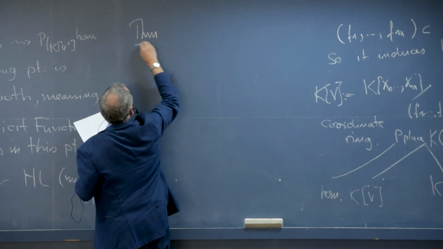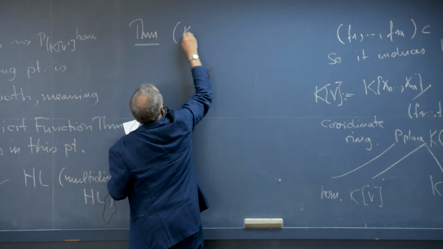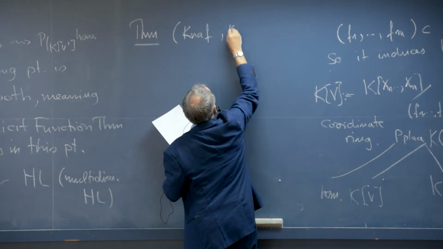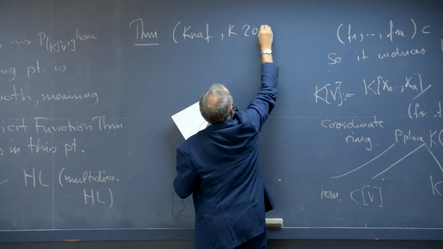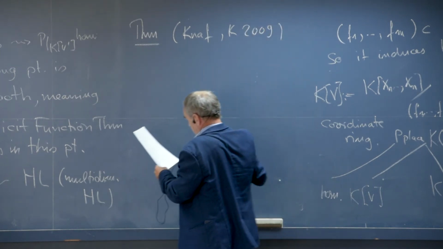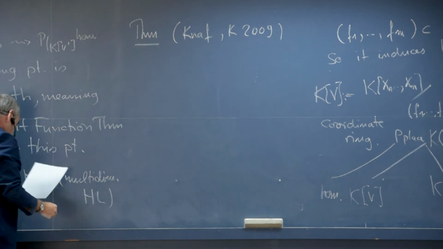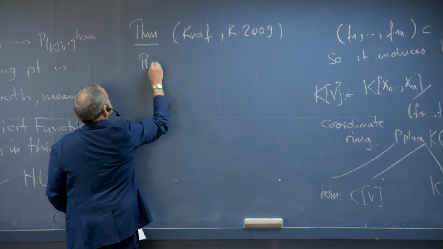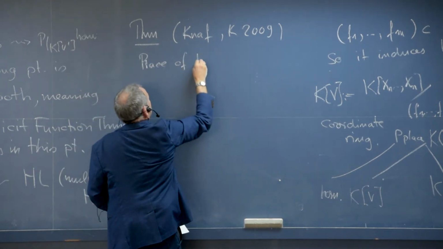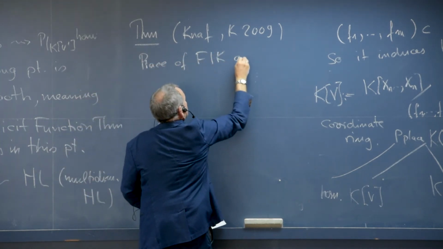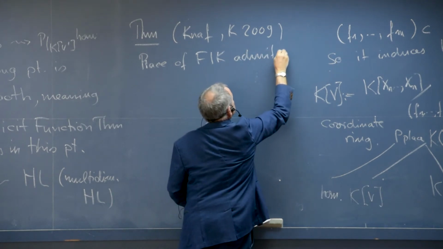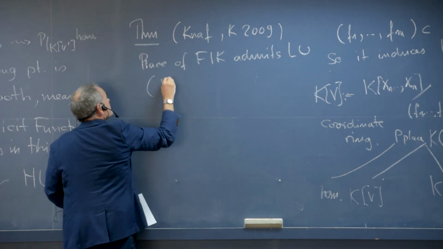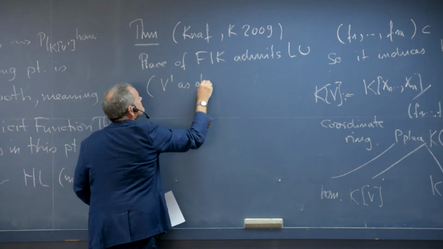Theorem. Hagen-Knaf, my co-author, and myself in 2009 proved that a place of f over k admits local uniformization, meaning that V prime as above exists.